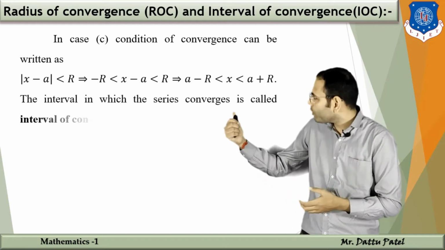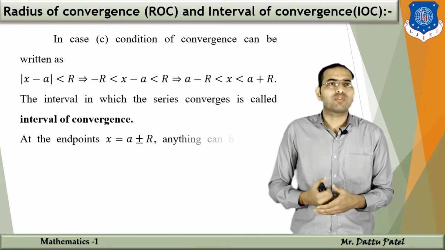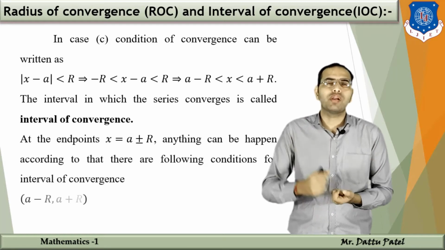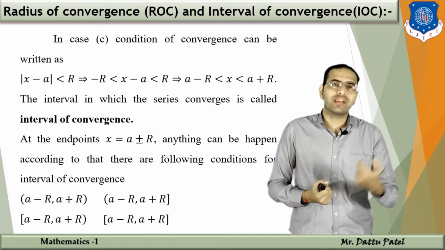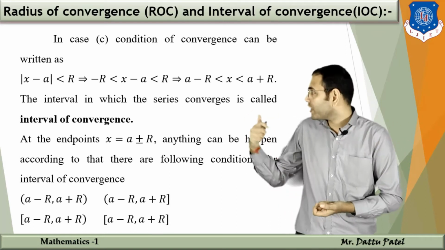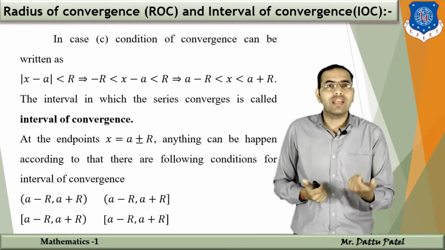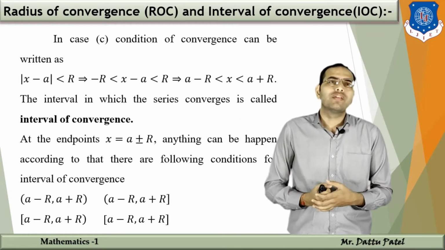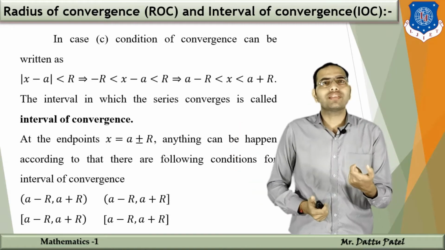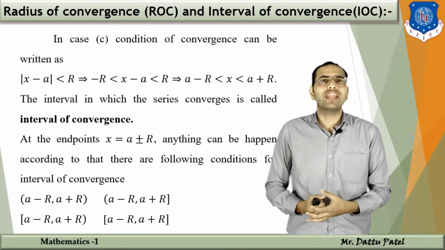That means mod of (x minus a) less than R. Now expanding the modulus, for example, mod x less than 1 can be written as minus 1 less than x less than 1. In the same manner, here we can write minus R less than x minus a less than R. Simplifying that term, we can write a minus R less than x less than a plus R.